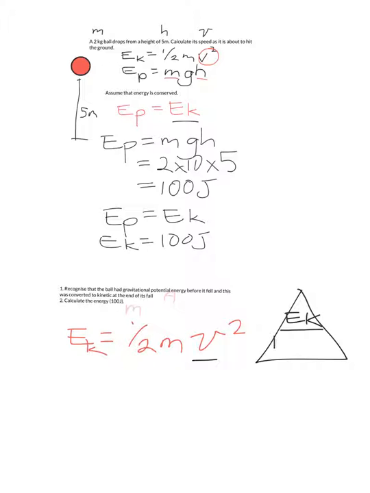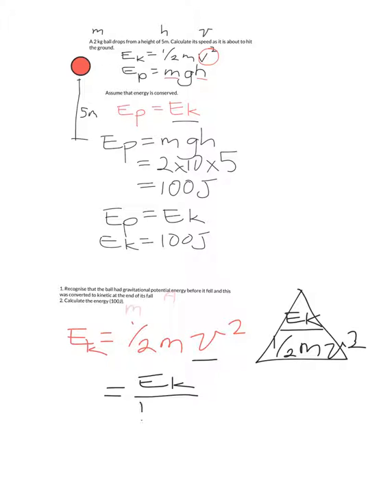So doing your triangle, half mass times velocity squared shows us that we need to divide the energy by half mass in order to get the velocity squared. So go ahead and write that out in full.